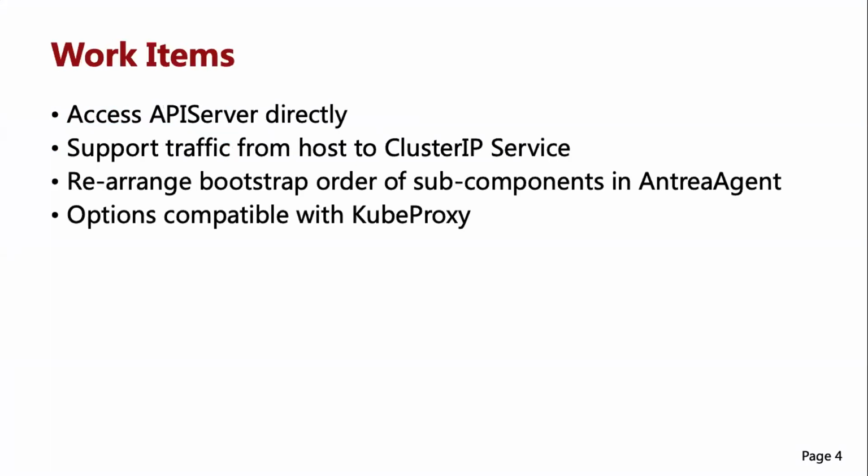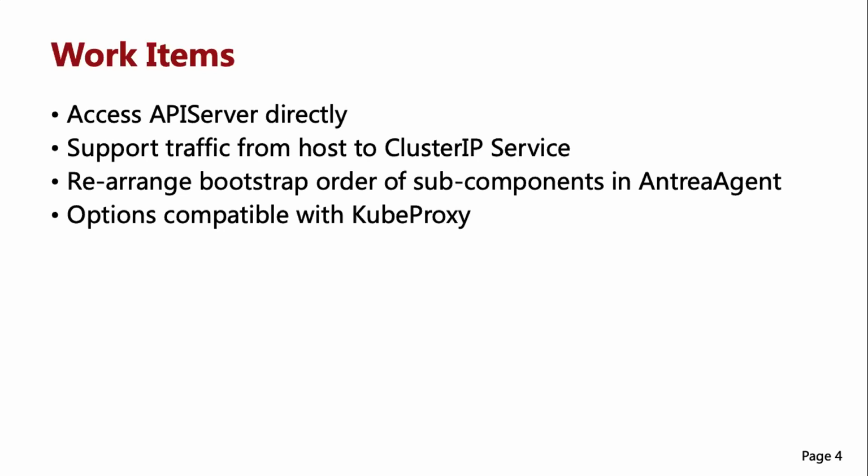We still need the following abilities to do the replacement. First, during installation, Antrea needs to access Kubernetes service-related resources. Thus, some components in Antrea need to be able to access the Kubernetes API server directly. Second, the ability to serve cluster IP service on the host node.